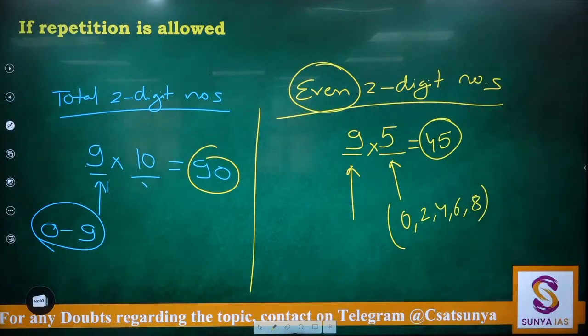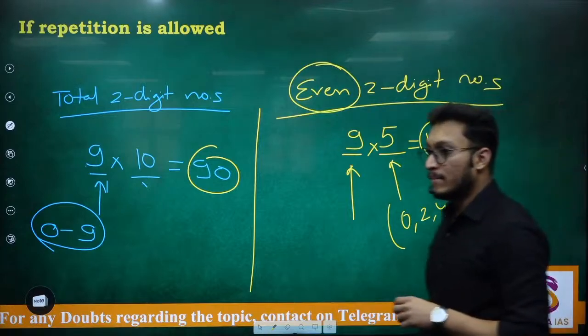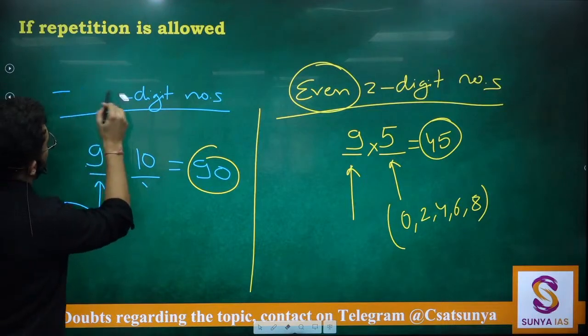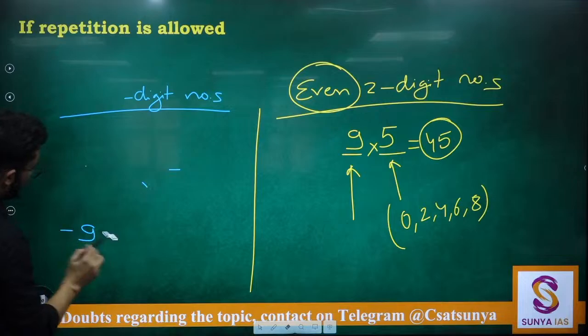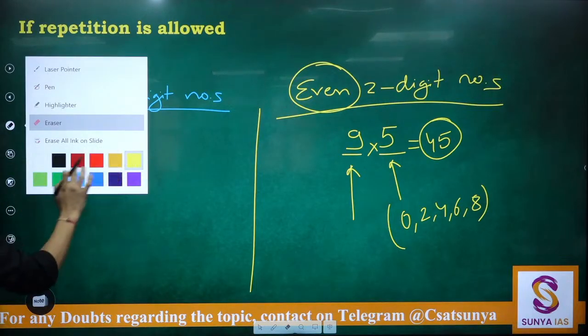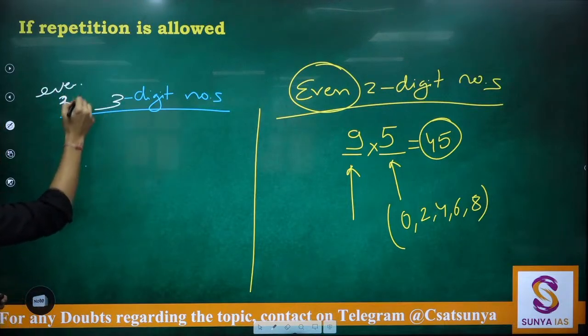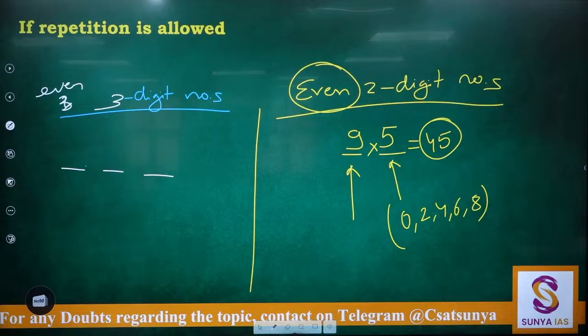How many 3-digit even numbers are there? Tell me directly. 450. Even 3-digit numbers, I need to fill these 3 places.